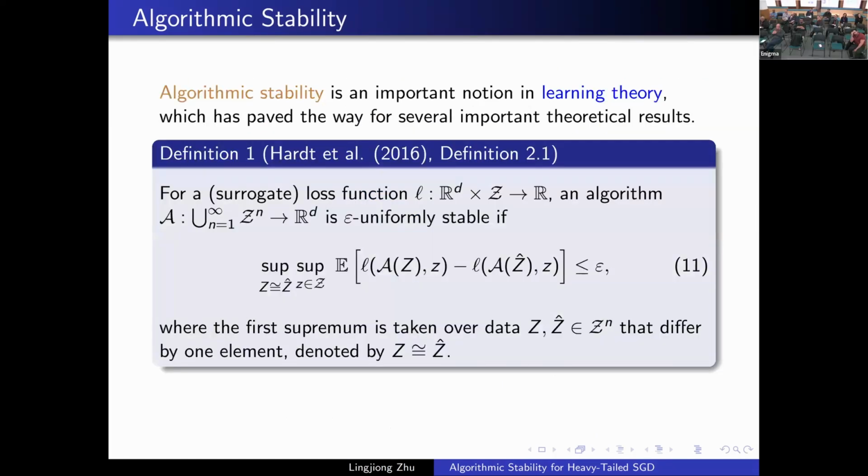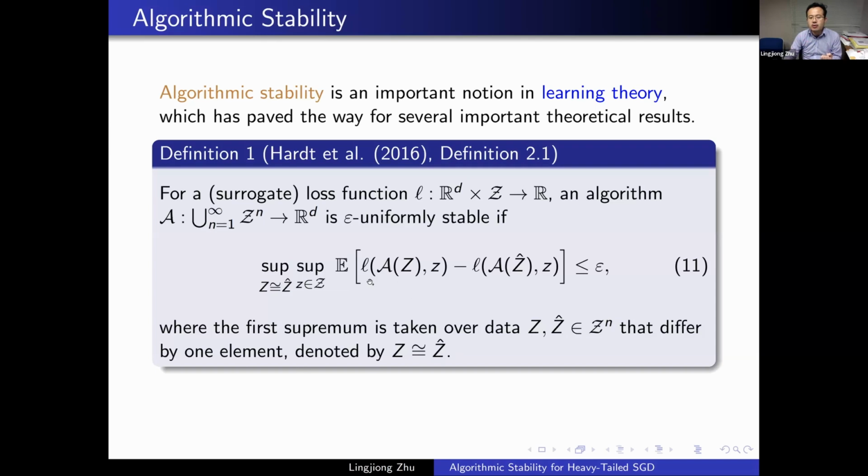This is a more formal definition of algorithmic stability. I quoted the Hardt paper from 2016. If you have a loss function, let's say a surrogate loss function, A is the algorithm output, Z is the training data set, and Z hat is a slightly different data set. Z and Z hat differ by only one element.